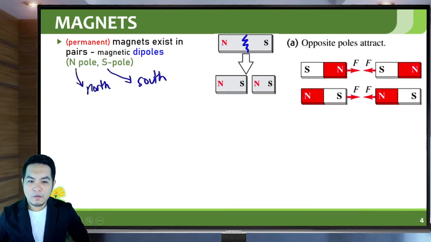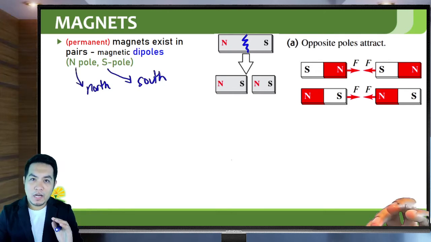So magnetism is essentially the action by magnets wherein they can attract other, say, magnets and other metals for that matter. That's the phenomenon called magnetism. Similar to electric charges, where like charges repel, a positive and a positive charge, or a negative and a negative charge, will push each other away.